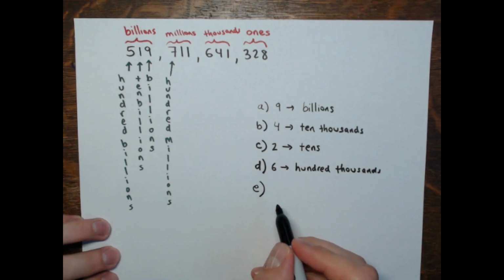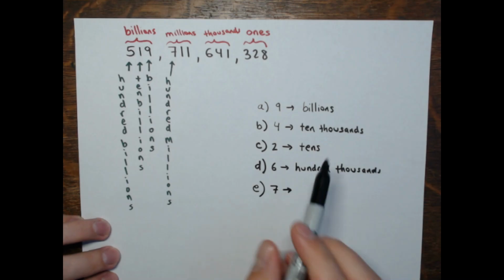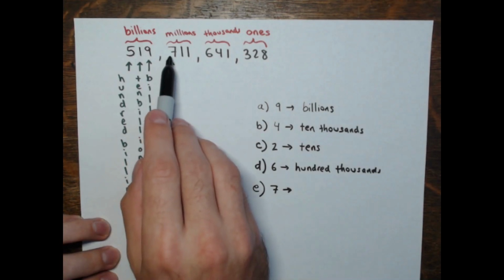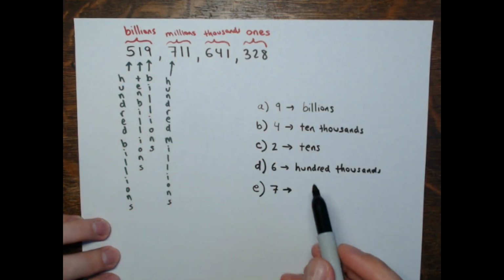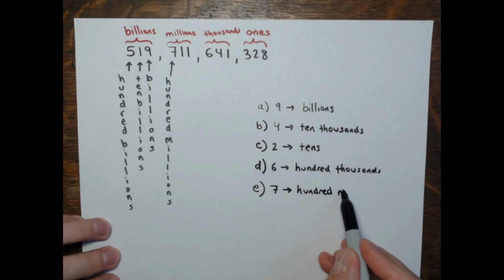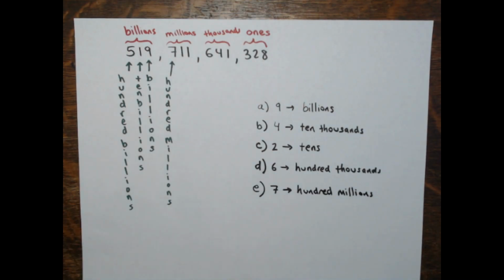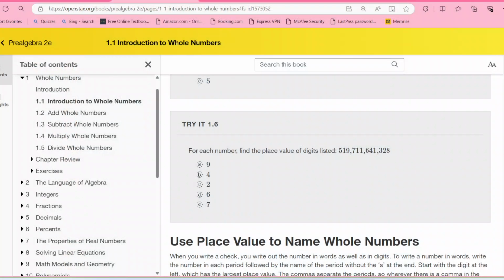And finally, part E, the digit 7. There's only one 7, and I pointed that out earlier, is in the hundred millions place. And that is all. Let us check this.